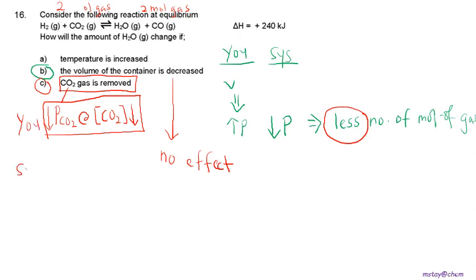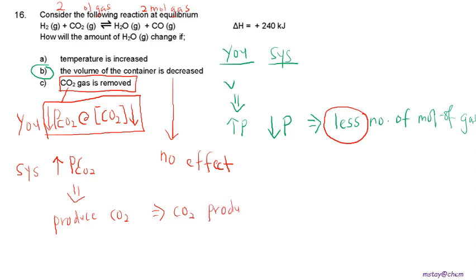So the system will increase the partial pressure of CO2, which means it needs to produce CO2, so CO2 acts as a product. Referring to this equation, if CO2 needs to be a product, the system has to shift to the left. So that is done for question C as well.